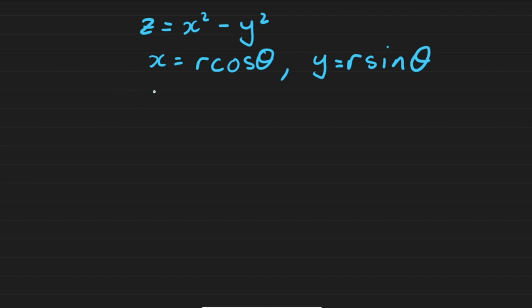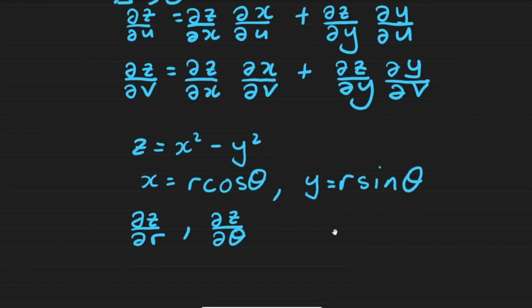And our question is asking us to determine ∂z/∂r, as well as ∂z/∂theta. So this example is the same as the relations we have just derived, except that instead of u and v, we have r and theta.